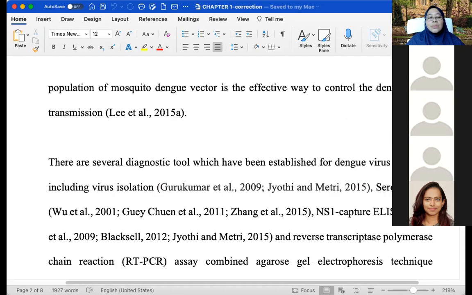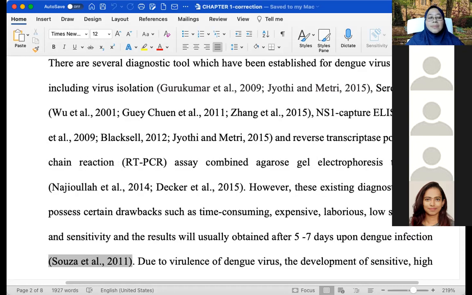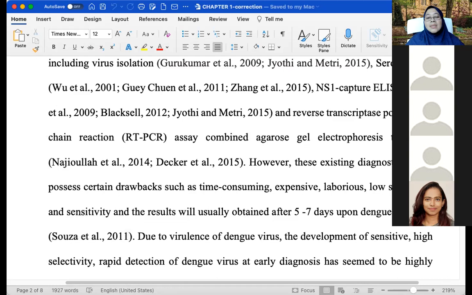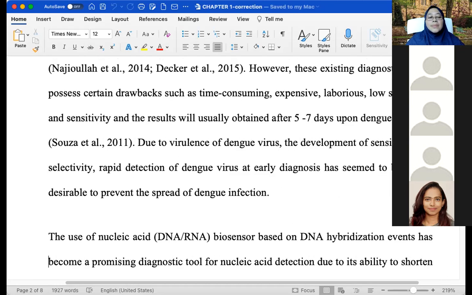Then, because he wants to justify that there are problems in the diagnostic tools already established for dengue virus detection, he talked about the current ones, the serology tests and this one. And he highlighted that these existing diagnostic assays possess drawbacks. So that is what is in chapter 1.